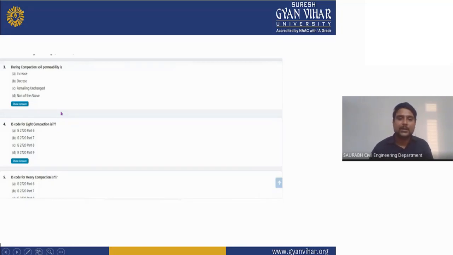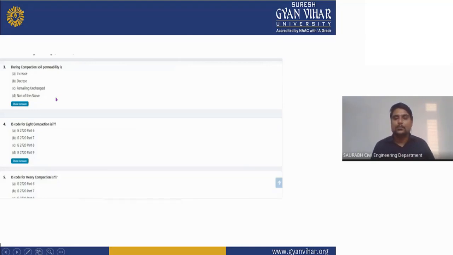So you can answer this question: during compaction of soil, permeability will increase, decrease, remain unchanged, or none of the above. We know when we do soil compaction, the volume of soil will decrease. When the volume of soil decreases, permeability will also decrease.